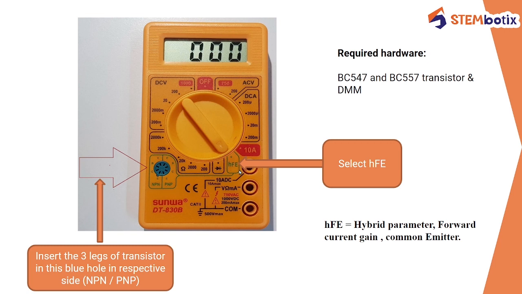And whenever you are testing your transistor or measuring the current gain, you will always have to get your selection probe over here in the HFE region. So using the selection probe, select the HFE range, or turn your dial over to the HFE section.